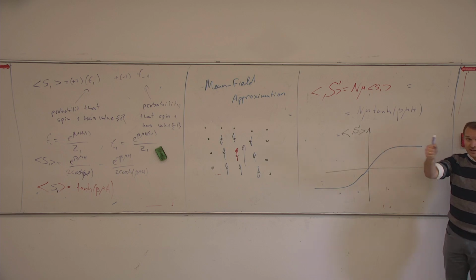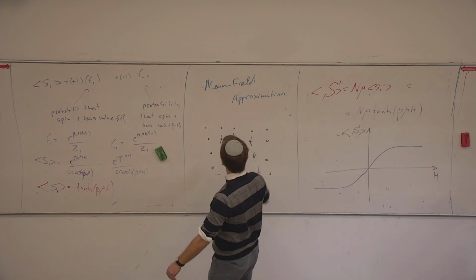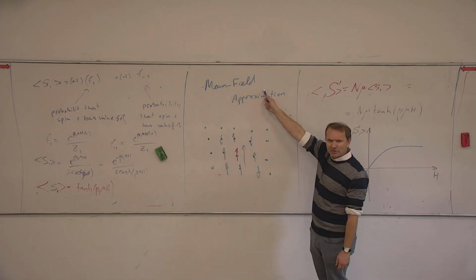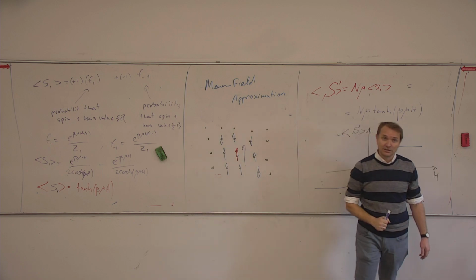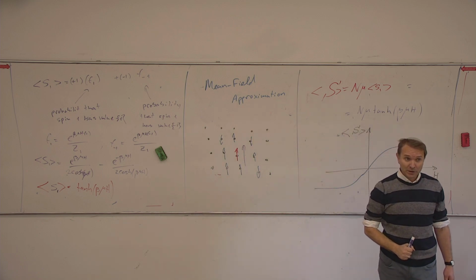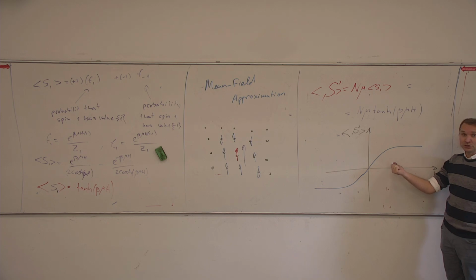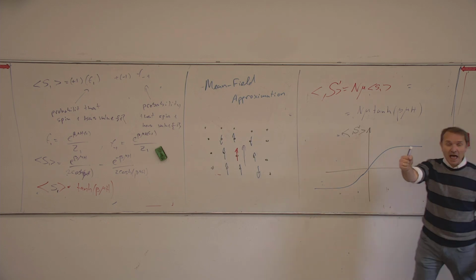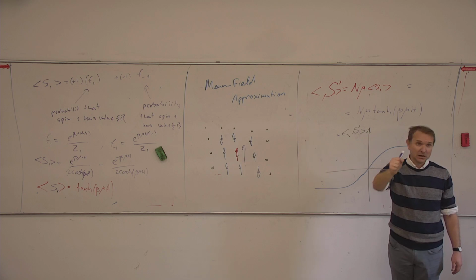So the idea is, let's assume that there is some sort of average interaction, a mean field, which the different particles inside this material are feeling. This mean field, according to this picture, creates an average spin. What is this average spin? I don't know what it is. Let's call it M.